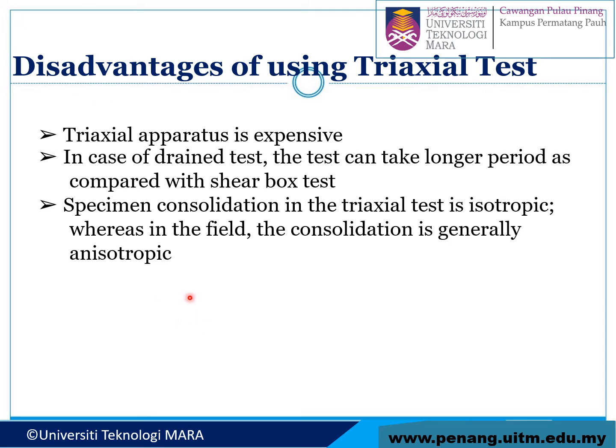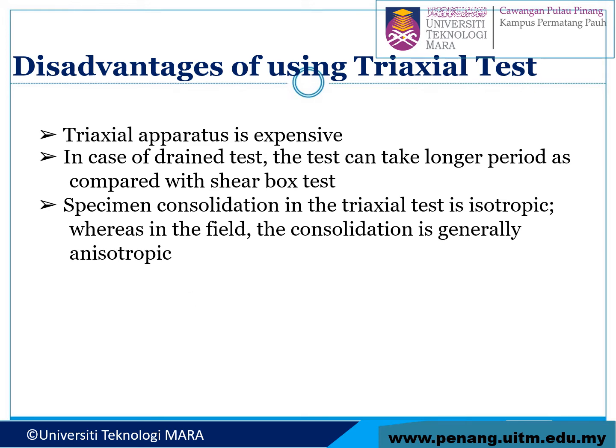What is isotropic and anisotropic? Isotropic refers to the properties of a material which are independent of direction. Anisotropic is direction dependent. This is the difference between isotropic and anisotropic.